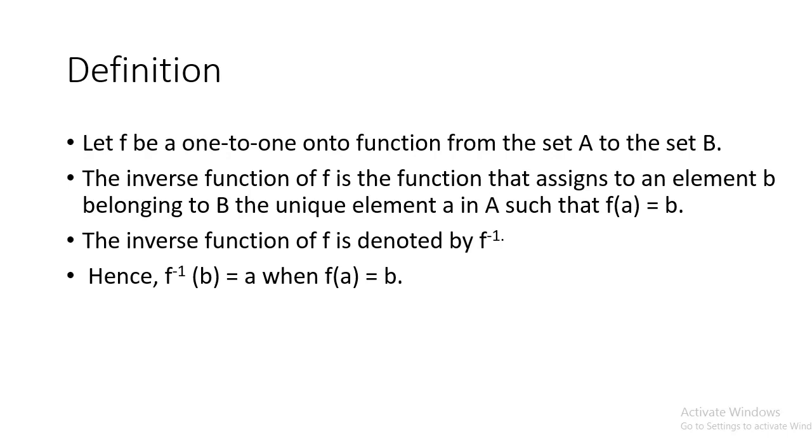This inverse function of f is denoted by f raised to minus 1. Hence, f raised to minus 1 of b is equal to a when f of a is equal to b. So this is the definition of the inverse function. This inverse function is from B to A.